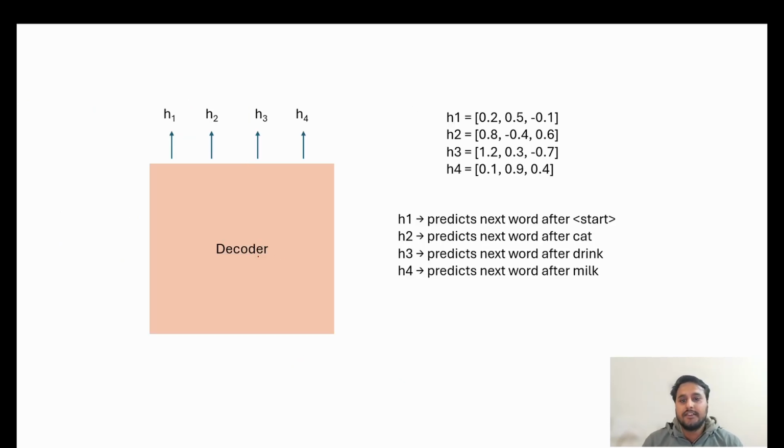So this is our decoder, and we already know what is inside this decoder block: masked self attention, cross attention, and feed forward network, and we already know what they are doing.